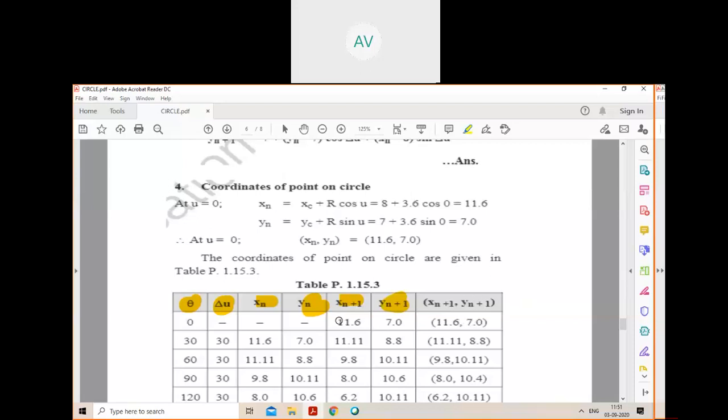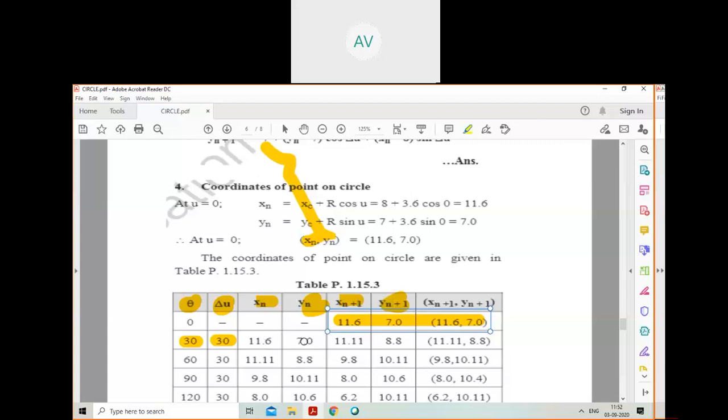So this is the starting point of the circle, and using this point we will find the next points. See how: this xn plus 1, yn plus 1, these are the starting points. For the 30 degree incremental angle, we have transferred this to here.